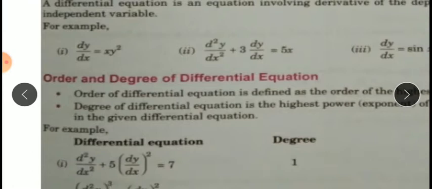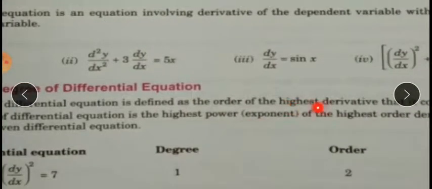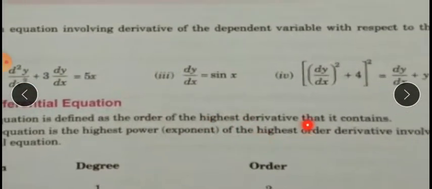Now, what do we mean by order and degree of a differential equation? The order of a differential equation is defined as the order of the highest derivative that it contains.